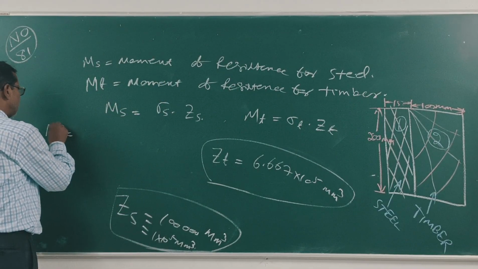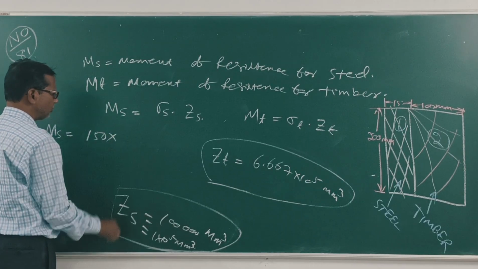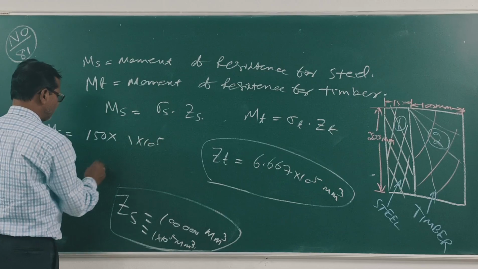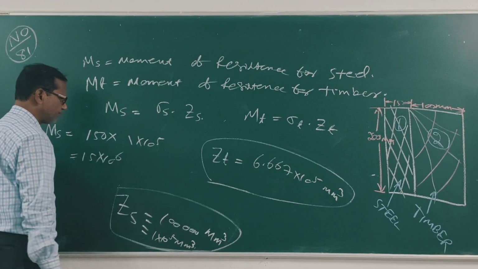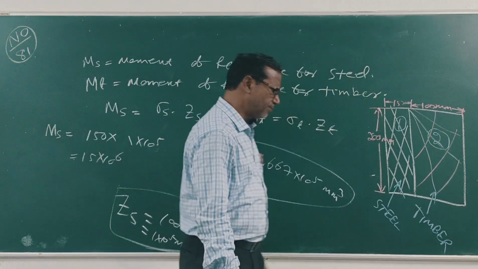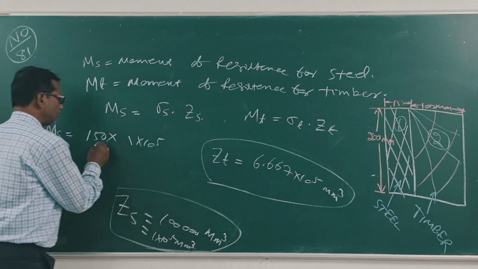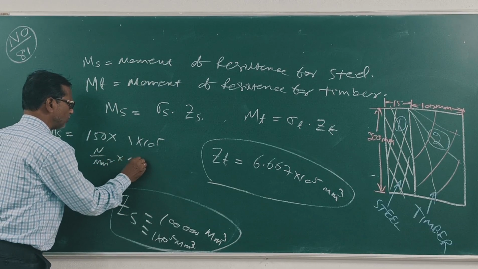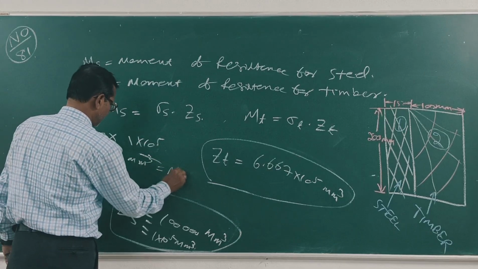So what is MS equal to? Sigma s, which is 150, into Zs, 10 to the 5. The units: this is Newton per mm square, this is mm cube, so the answer is in Newton mm.